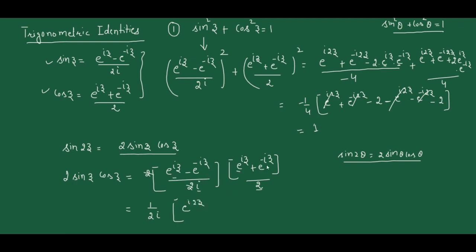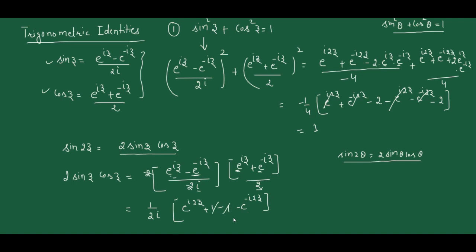Now this multiplied by this gets 1, so 1. Now multiply this by this quantity, so what you get is minus 1, and then multiply this quantity by this and you get minus e raised to power minus iota 2z.